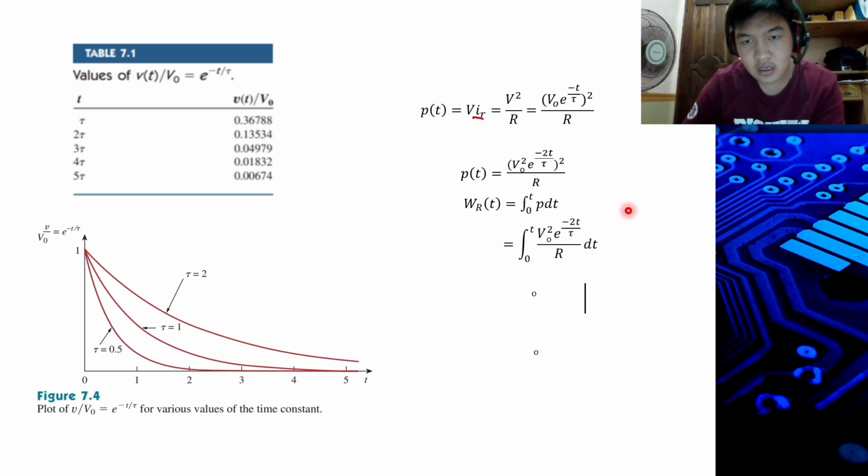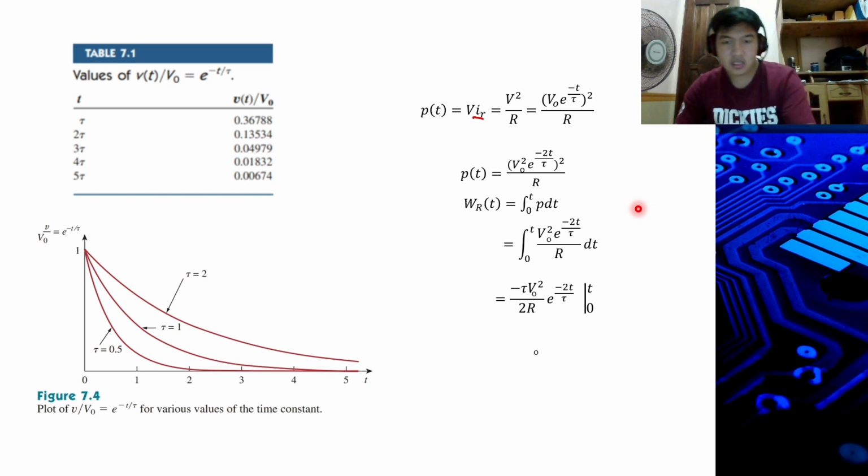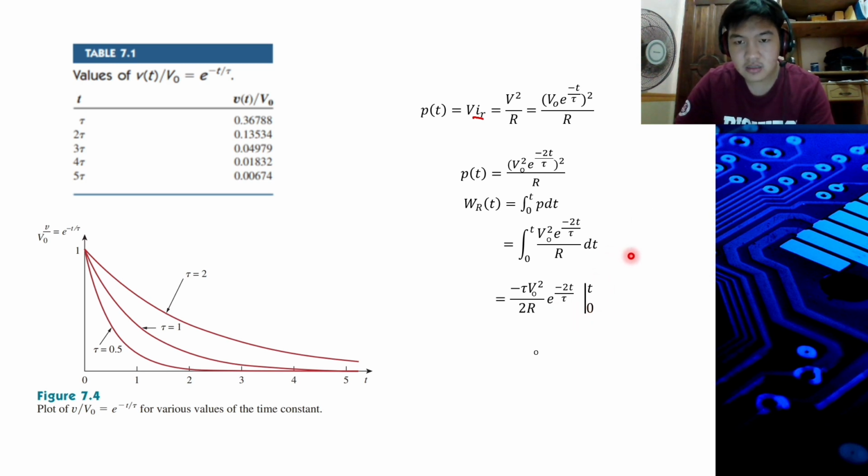So the integral of V naught squared e raised to negative 2t over tau over R dt. And with more simplification, it is equal to negative tau V naught squared over 2R e raised to negative 2t over tau, evaluated from 0 to t.